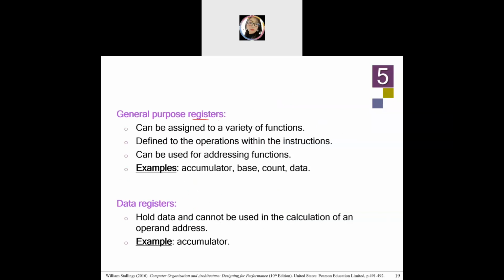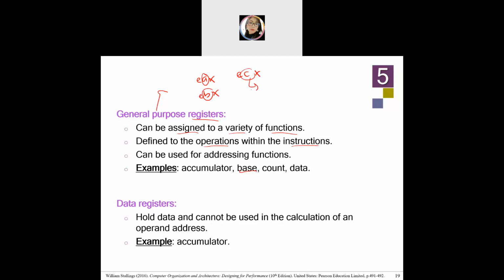General purpose registers can be assigned to a variety of functions, defined by the operation within the instruction. For example, your general purpose registers: EAX, which is the accumulator register; EBX, this is a base register; ECX, this is a count register.